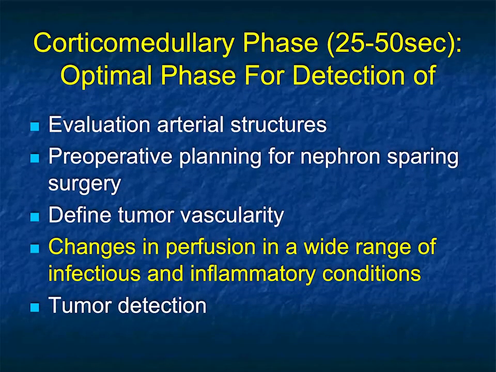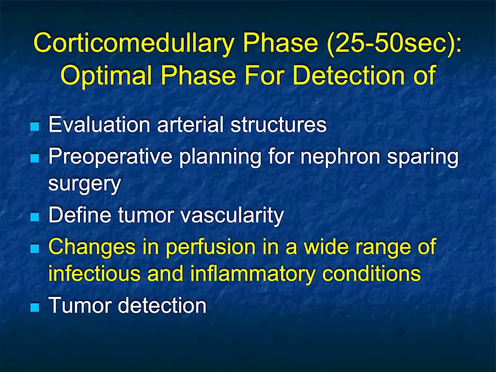So corticomedullary phase is ideal for arterial structures, ideal for preoperative planning, not only recognizing what the renal tumor is and defining its vascularity, but determining whether or not it's a good candidate for partial nephrectomy, which we would like to do in nearly all cases.